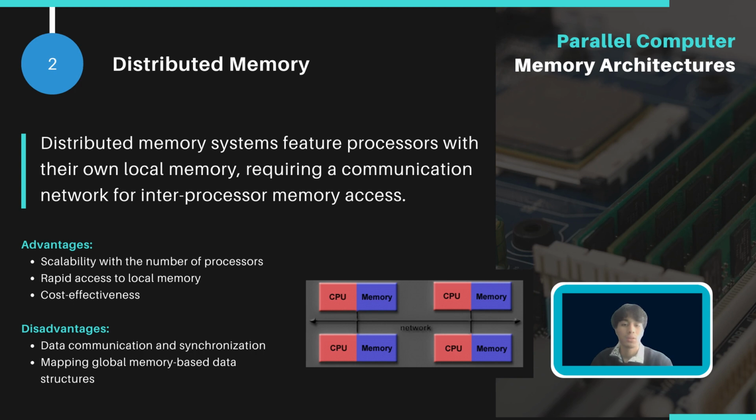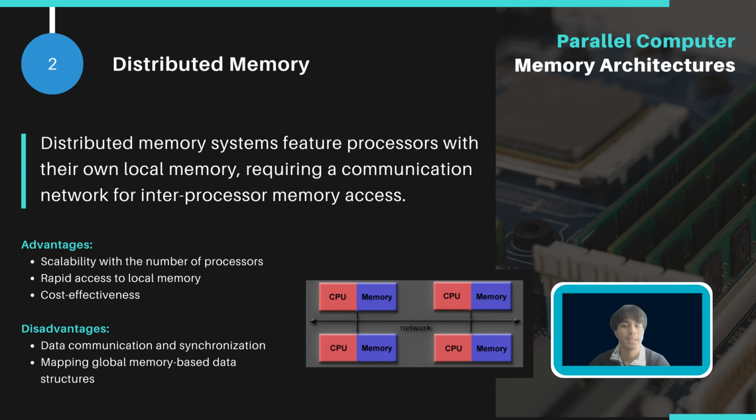As an example, consider a cluster of networked computers, each equipped with its own local memory and processing unit. In this distributed memory system, each computer operates independently and has its own address space, meaning memory addresses in one computer do not map to memory in another computer.